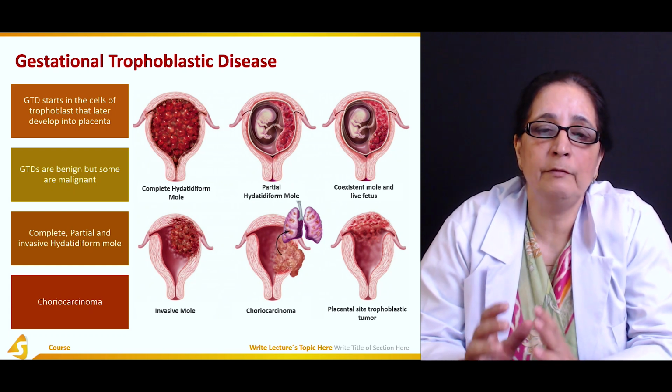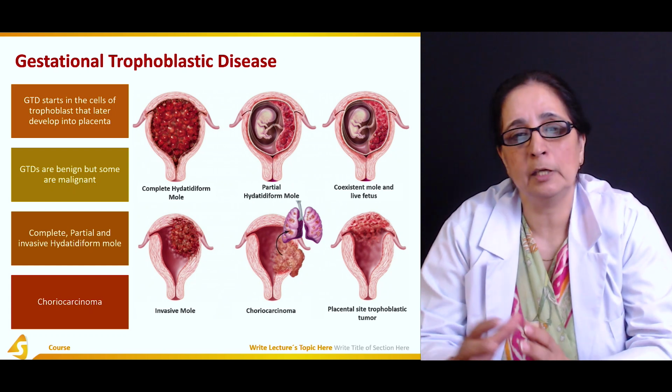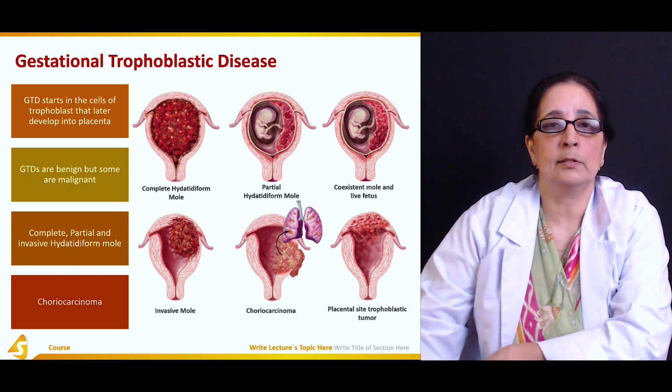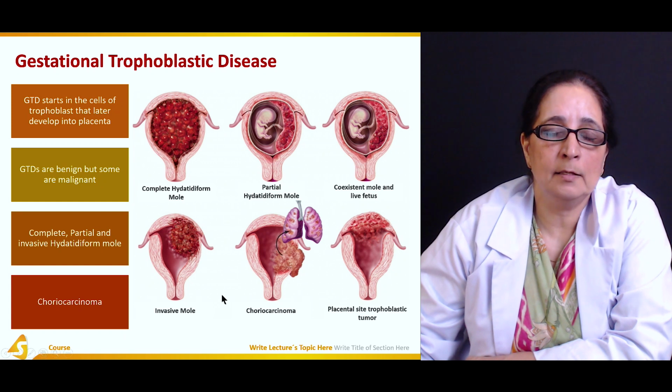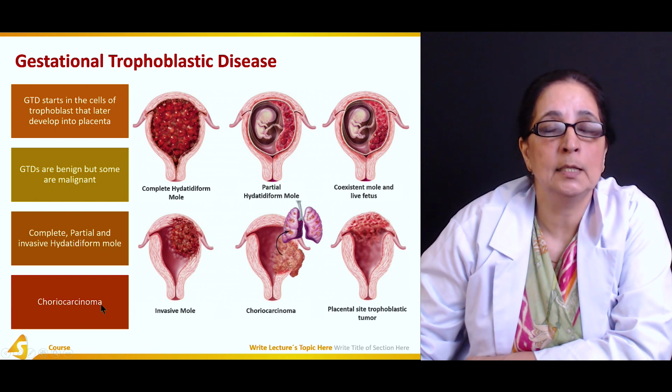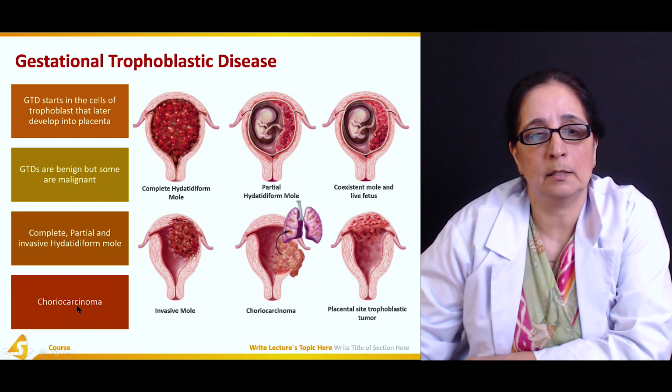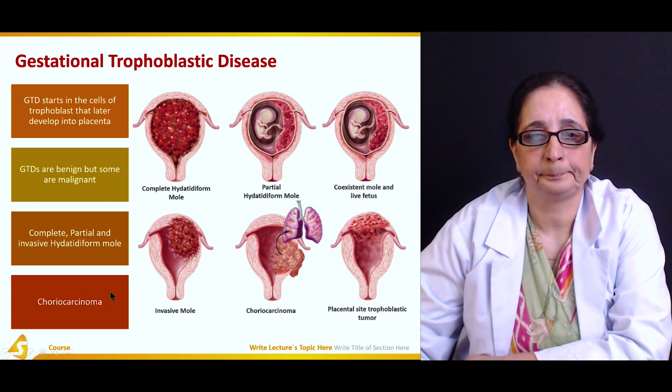So this is a very common form of gestational trophoblastic disease, also known as the molar pregnancy. And then there is also choriocarcinoma, the other form of gestational trophoblastic disease. That's the malignant carcinoma, choriocarcinoma.